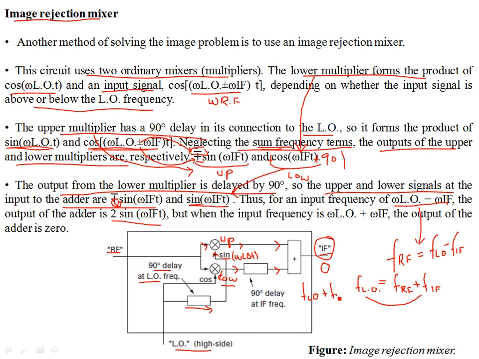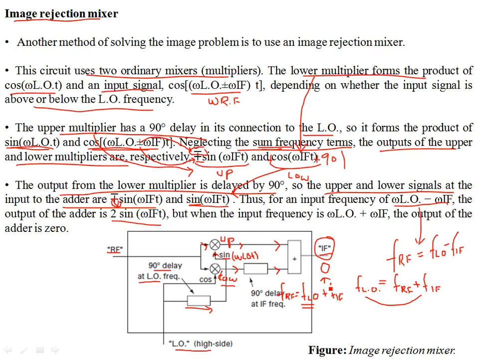So if you're considering frequencies above the local oscillator frequency, your output is 0. Basically, what we are doing is tracking the frequencies which are below the local oscillator. You are not interested in the frequencies above the local oscillator, so for those you get a result that is 0. We don't need high frequencies.